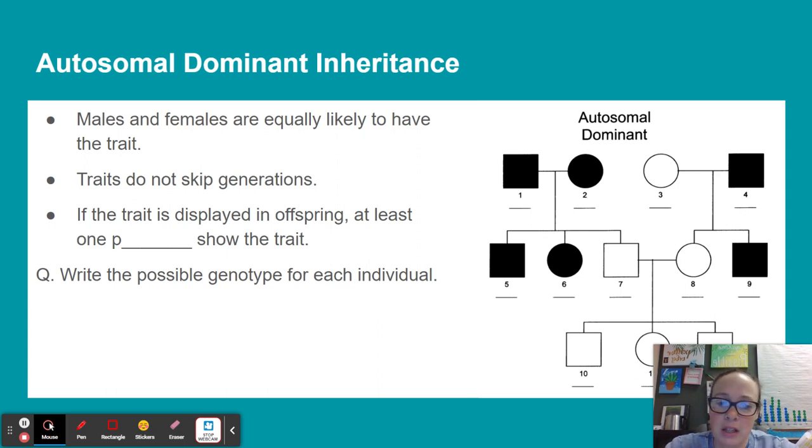If I'm using, let's say, capital A, lowercase a, and I'm trying to figure out the genotype and who has what, if I'm told that it's a dominant trait, I'm not going to start with the shaded boxes because there's two different possibilities for each of those. I'm going to start with the unshaded boxes. The unshaded boxes are the people with the recessive trait if it's dominant.